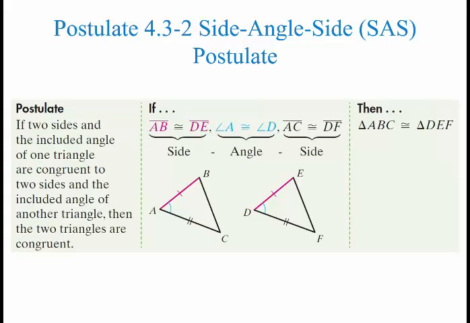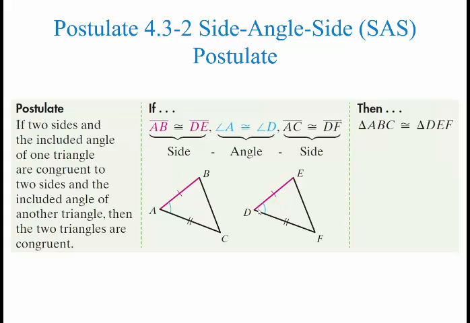All right, another postulate: the side, angle, side postulate, the SAS. If two sides and the included angle of one triangle are congruent to two sides and the included angle of another triangle, then the two triangles are congruent. What that means is you have the angle and the sides that form that angle. I want to stress, this is incredibly important, that you must have a side, then the angle in between, and then the other side for the triangles to be congruent.